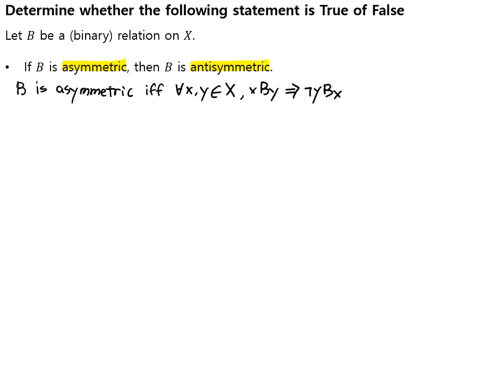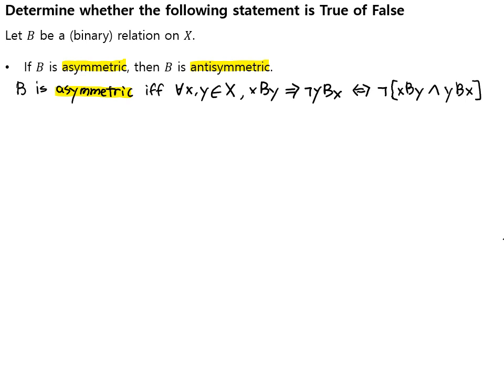And we have already seen that this is the same as saying that it is not the case that x is related to y and y is related to x. Okay? So that is what it means for a binary relation to be asymmetric.